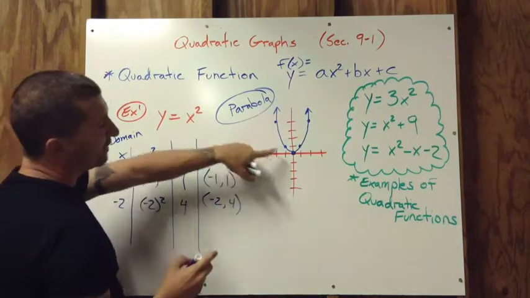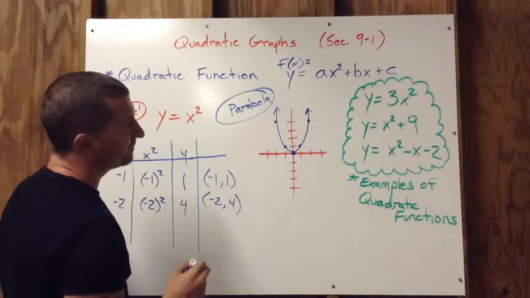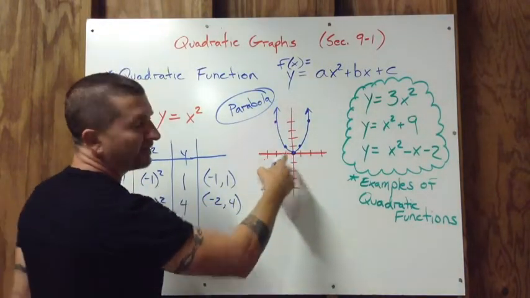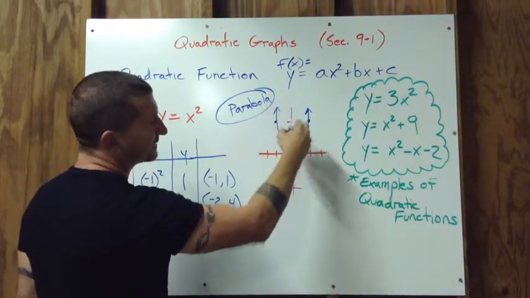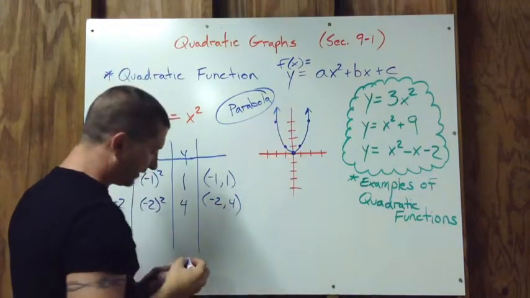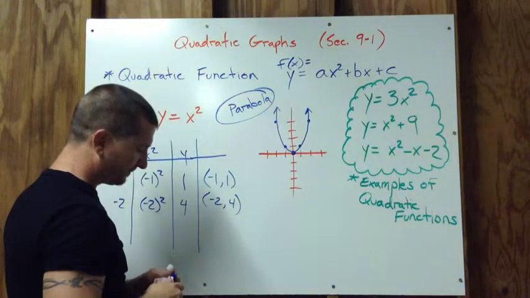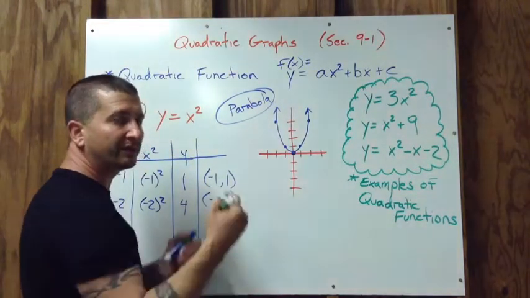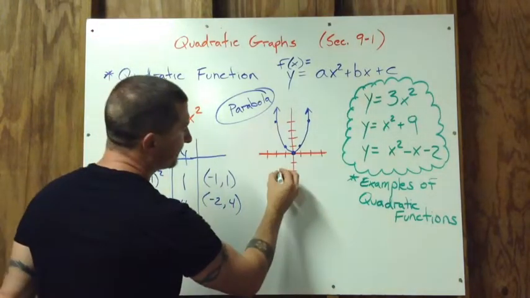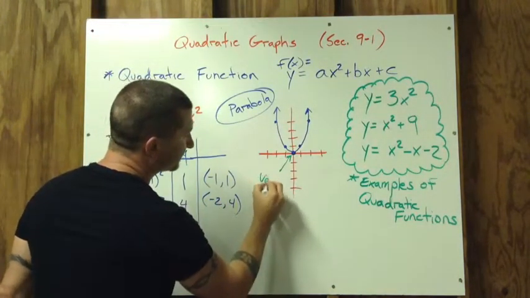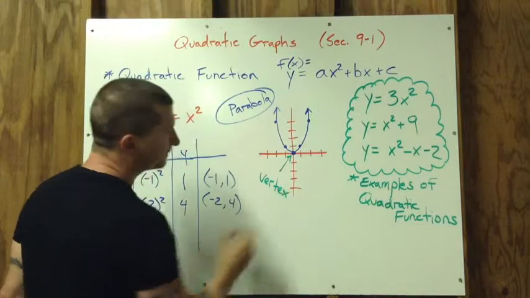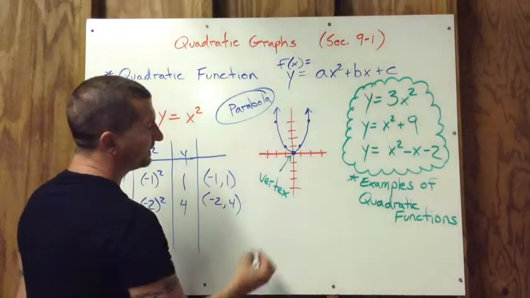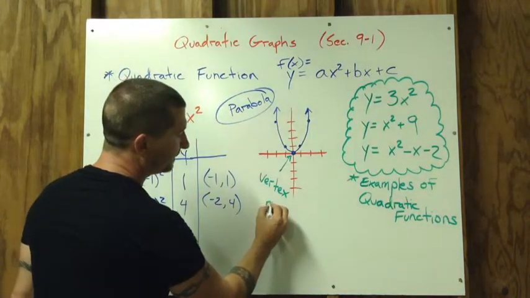Now, there are certain parts of this parabola that you need to know. The very, very bottom point where it makes its curve is called a vertex. Kind of like with angles, you have the vertex where the two lines meet. This is called the vertex. Now it has another name, it's called the minimum point.